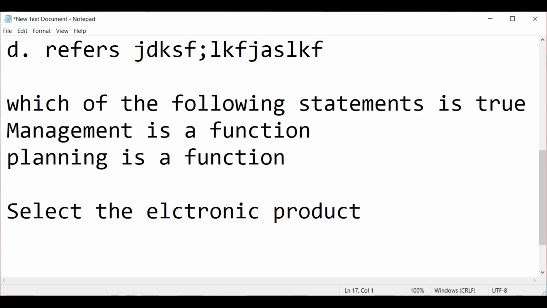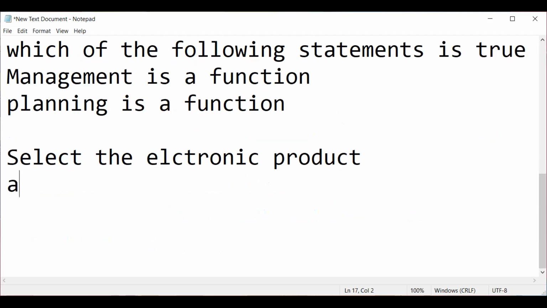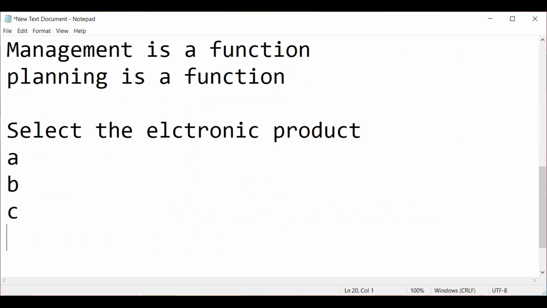What principle? I have to give all the options which are related to electronics. So I have given four options with electronics, and for the fourth option an electric product I have given. So it becomes a good question because I am following a particular principle in giving options for the students to choose.